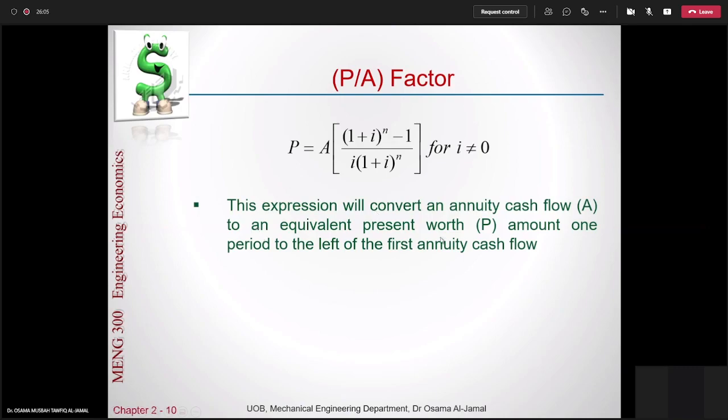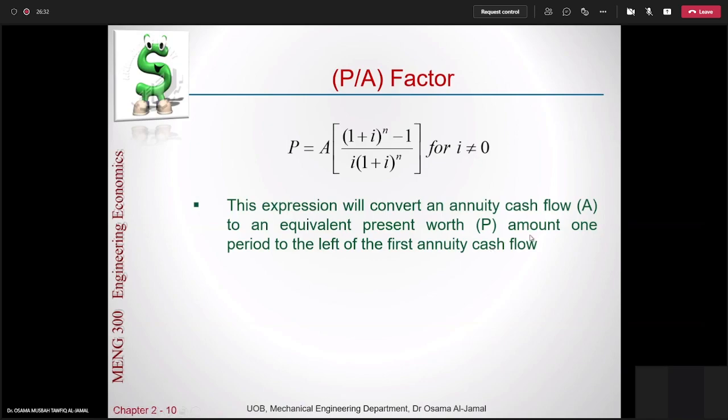This expression will convert an annuity cash flow A to an equivalent present worth. Instead of showing this many cash flows, we can put it in only one cash flow, which we call P, an amount one period to the left of the first annuity cash flow.